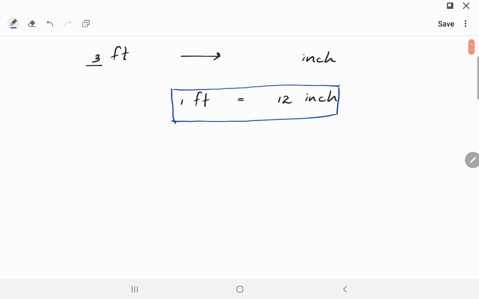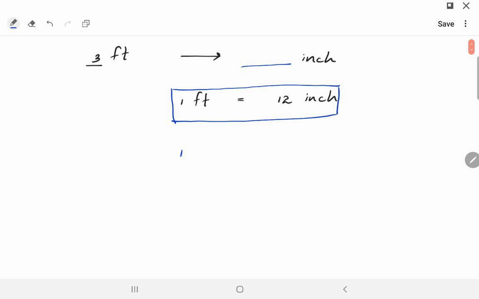How do you do that? When you have a relationship, you will try to make a conversion factor. Of course, most people can do this in their head, but I'm talking about the people who might need some help doing these calculations. When you have a relationship between two different units, you will develop two conversion factors.